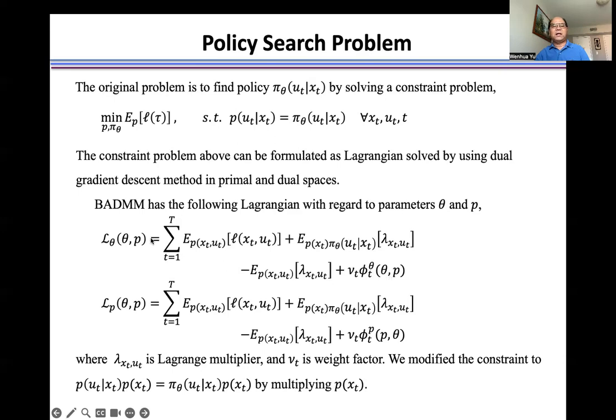In this way, we solve this objective function and this objective function. Finally we get a convergence result.